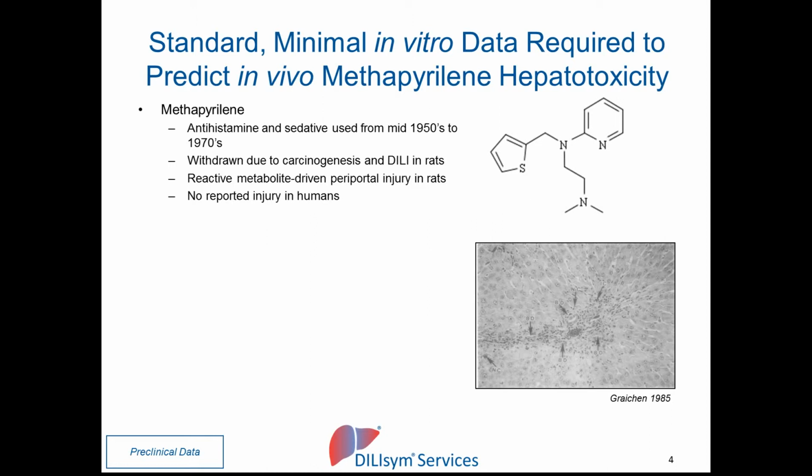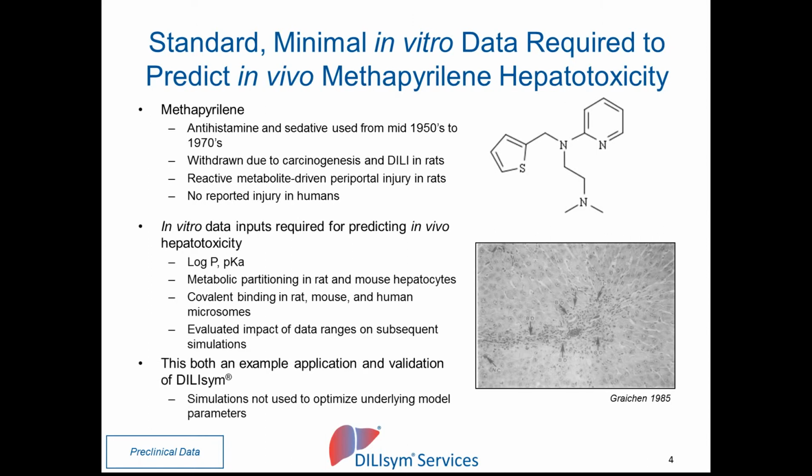As these liabilities were detected, there was a little more increased study, and it was determined that the drug-induced liver injury was driven by reactive metabolites, and it was largely periportal in origin. Interestingly, there was no drug-induced liver injury whatsoever reported in humans. And so we seem to have a bit of a species difference.